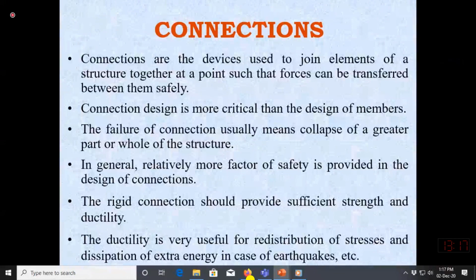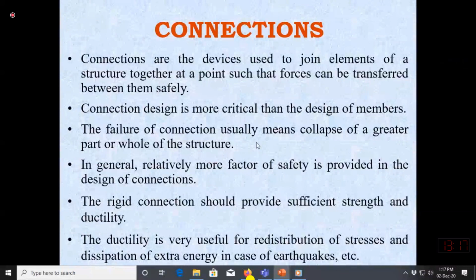All the members are not directly connected with each other. Rather, the first member is connected with a steel plate, which is called a gusset plate, and then the gusset plate is also connected with the other member. It means that force is transferred from one member to the gusset plate, then from the gusset plate it is transferred to the other member.